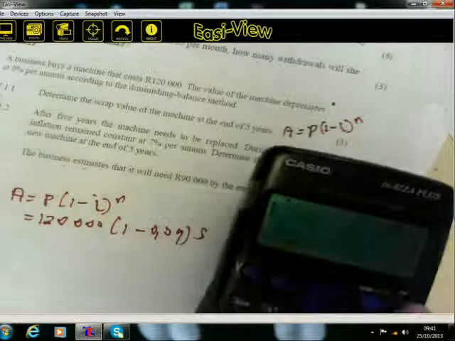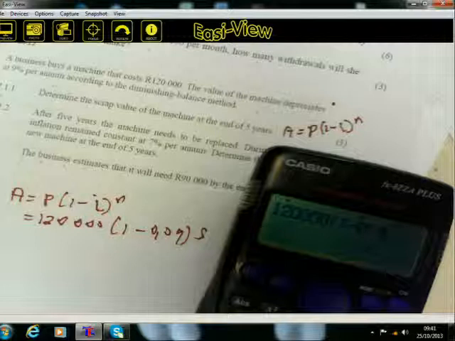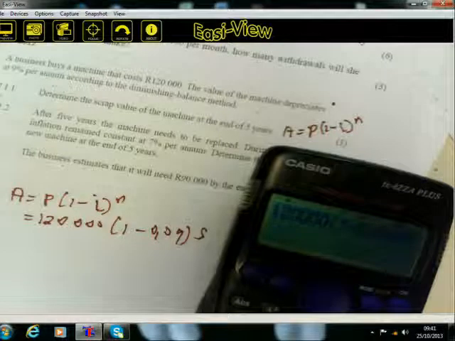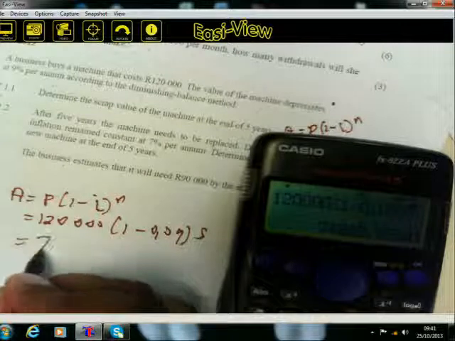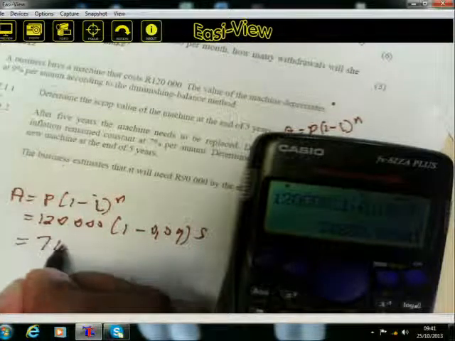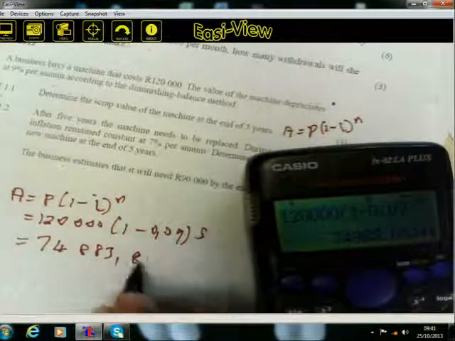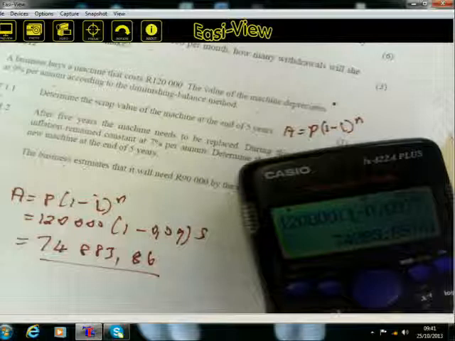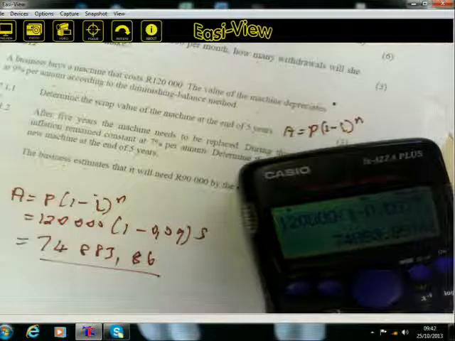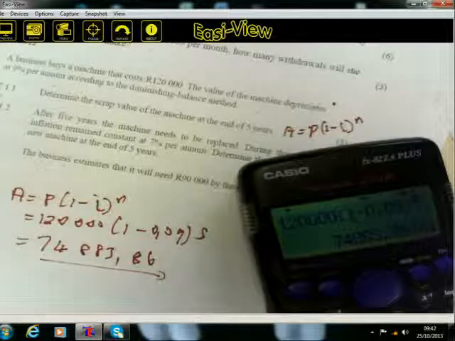Yes, 120,000 and then 1 minus 0.09 to the exponent of 5, and your answer then was 74,883 rand 86 cents. Right, that was the scrap value there.